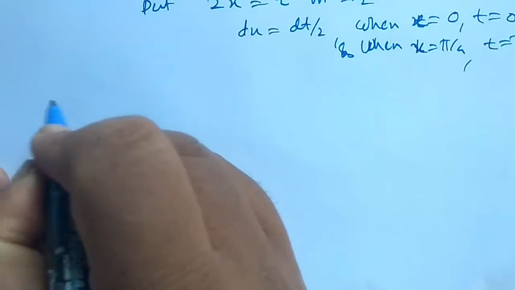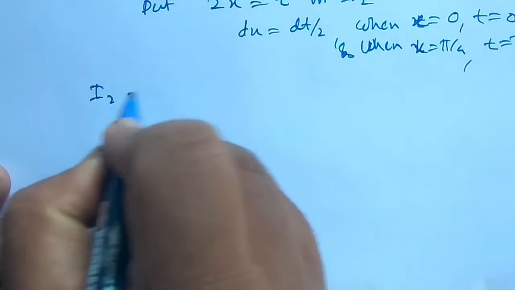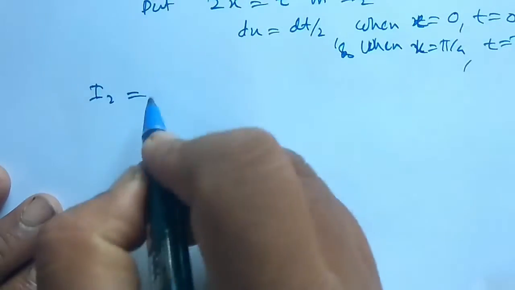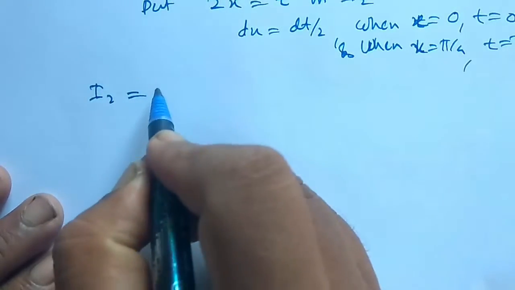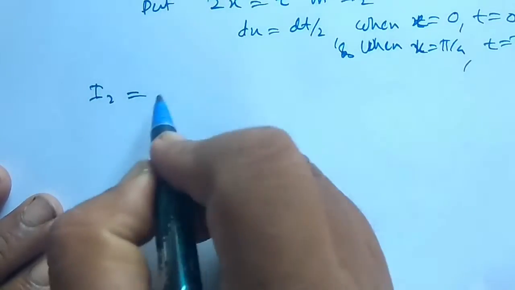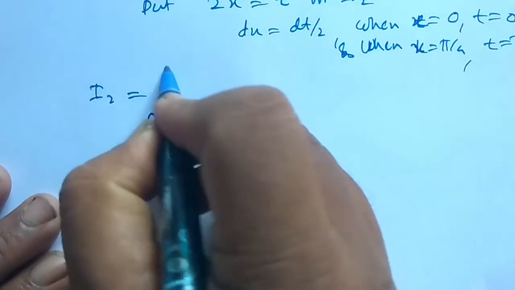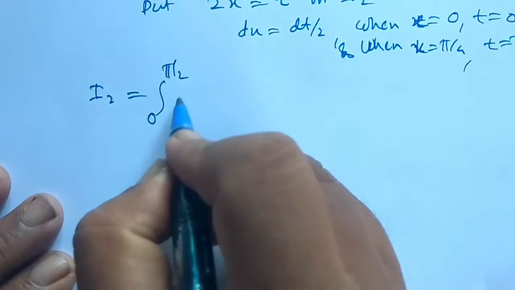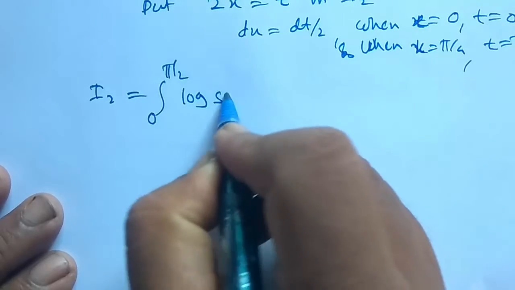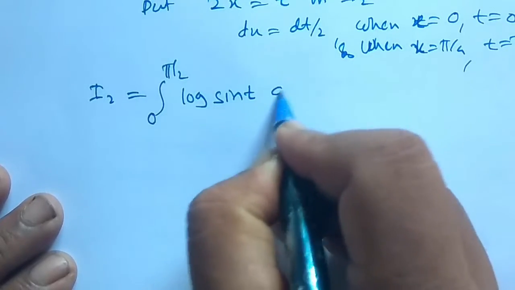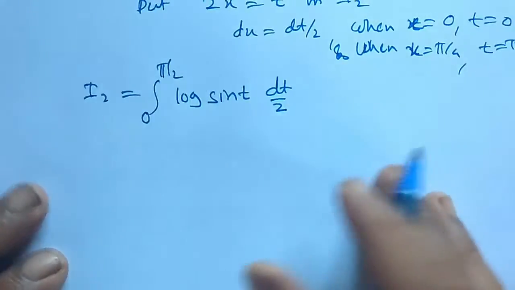Therefore I2 becomes the integral from 0 to pi by 2 of log of sin t dt divided by 2.